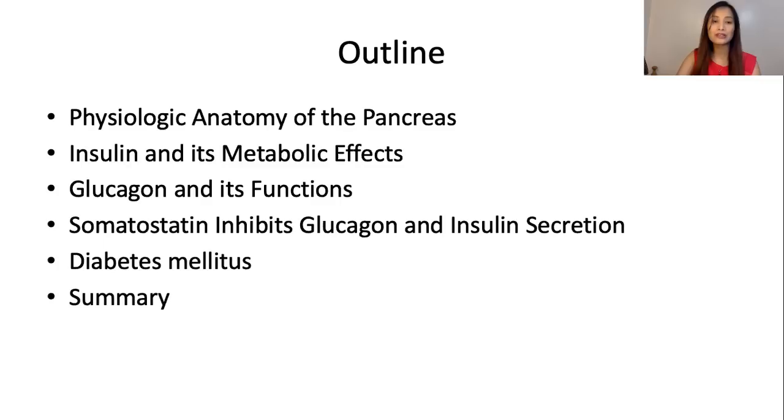Next, we're going to discuss its alter ego, the glucagon, and its function. And lastly, somatostatin, which inhibits both glucagon and insulin secretion. And finally, we're going to briefly discuss diabetes mellitus, which is the prototype of the disease affected by disorders of energy metabolism.